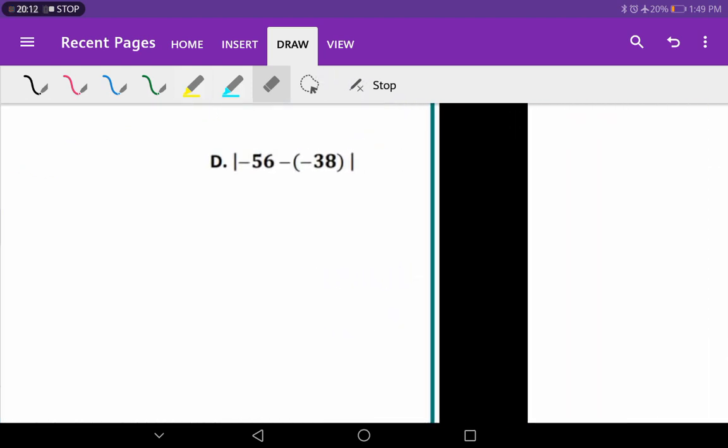This one is a special case. I have double negative signs following each other, so I will make it plus. Okay, now I use my strategy. This is for Hamada and this is for me.